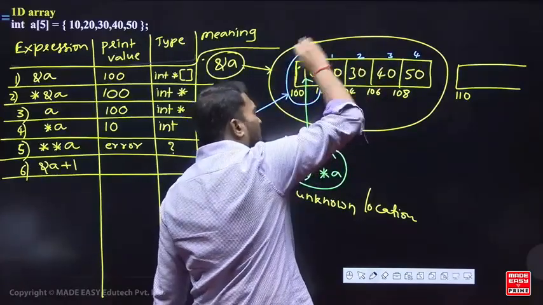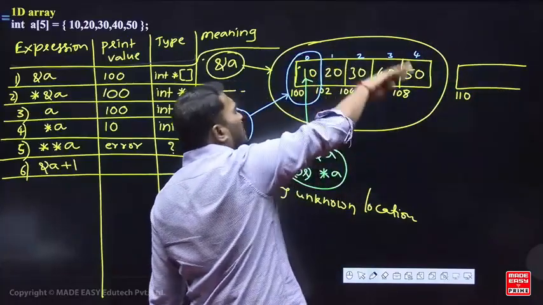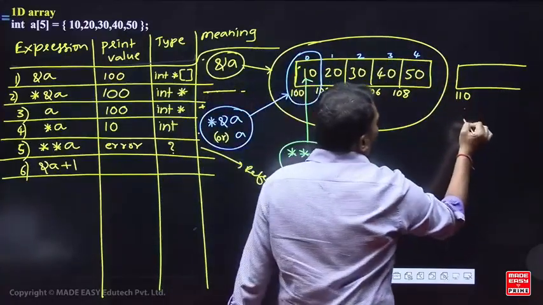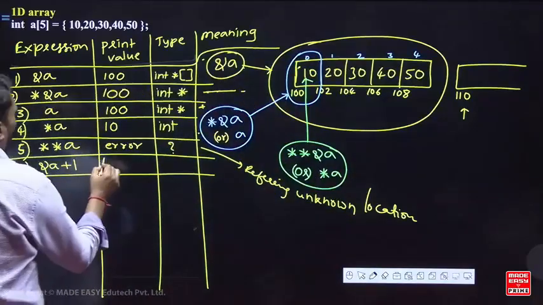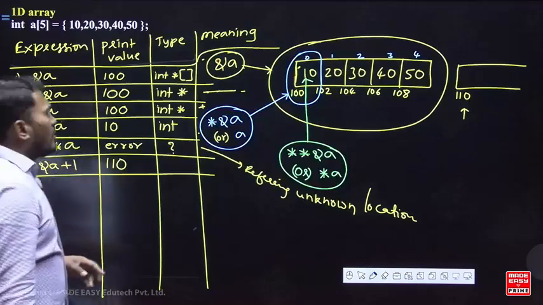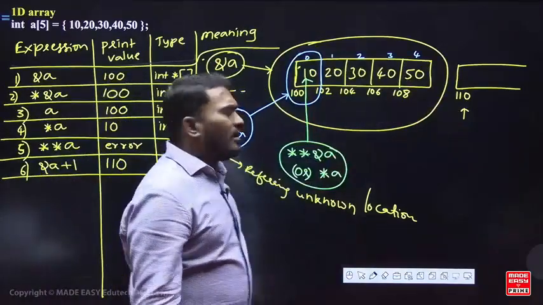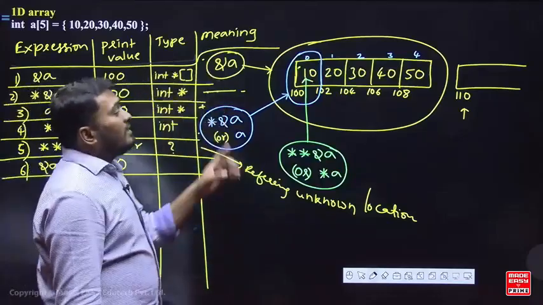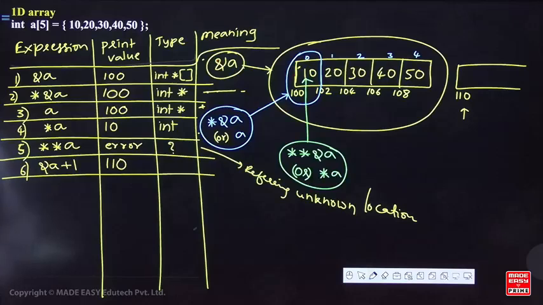If I say ampersand a plus 1, it will jump according to the 1D array size. It will jump to 110, so it will print 110. It means it is jumping according to the 1D array size, so it is pointing to the next continuous 1D array.